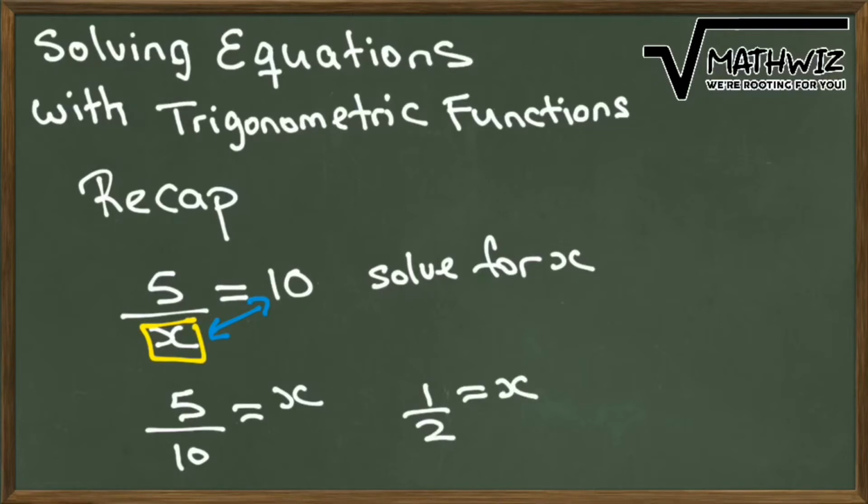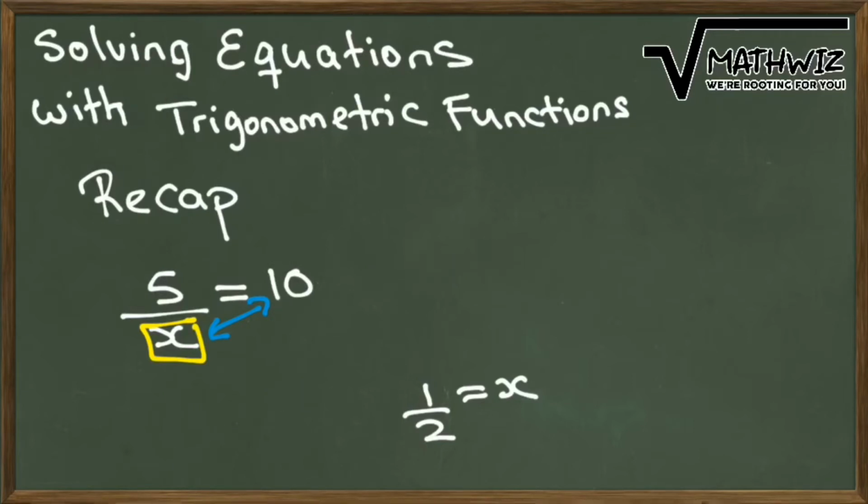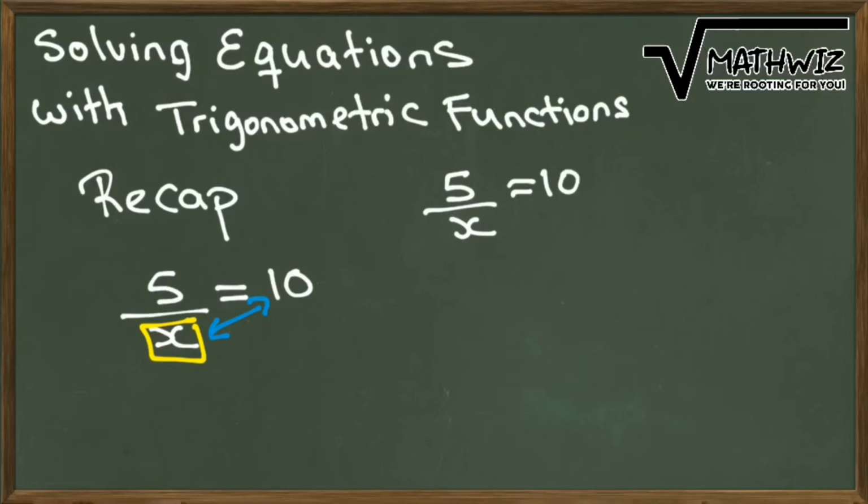And of course, 5 over 10 is the same thing as a half, right? However, if we want to look at the full working out, because I know some persons don't really like the shortcuts, which is a very good thing. So let us say we have 5 over x is equal to 10. I would have mentioned that the x, which is divided, when you take it across, you will multiply.